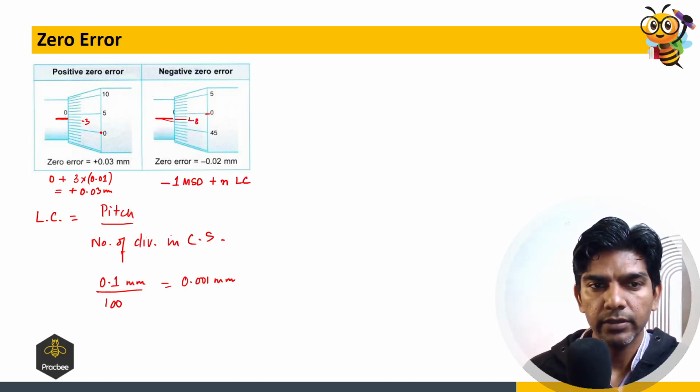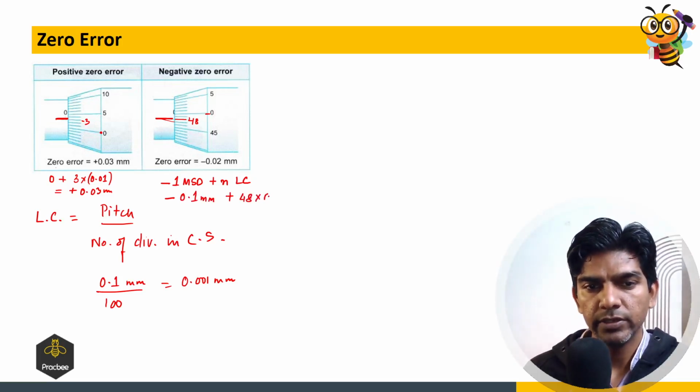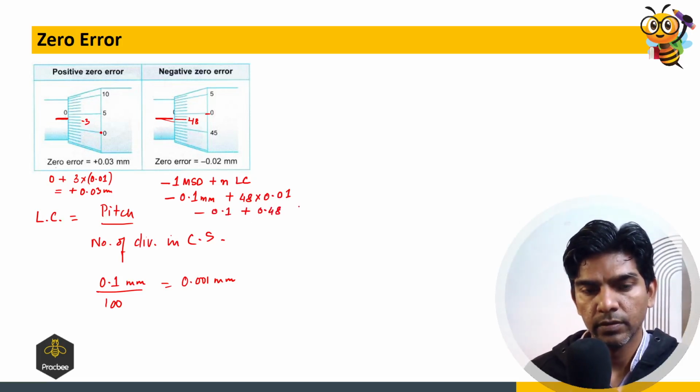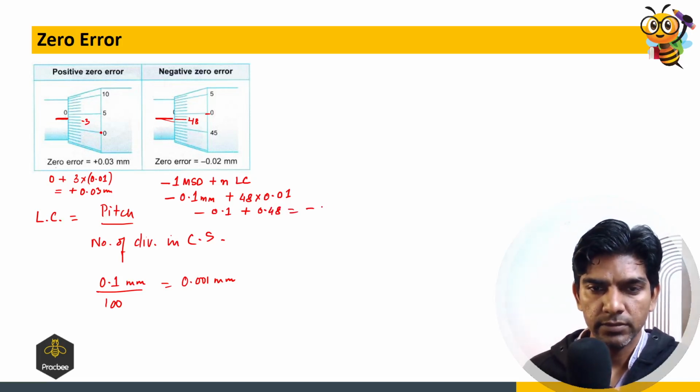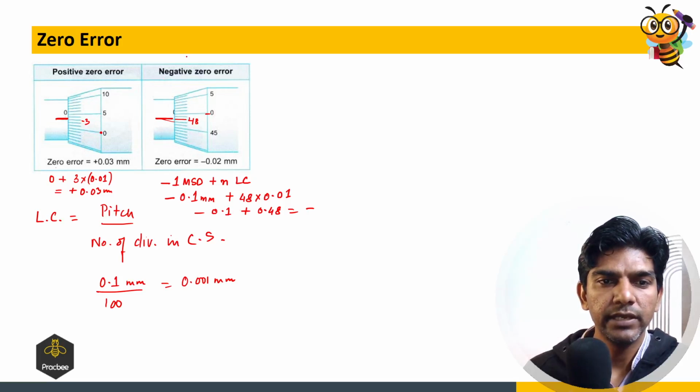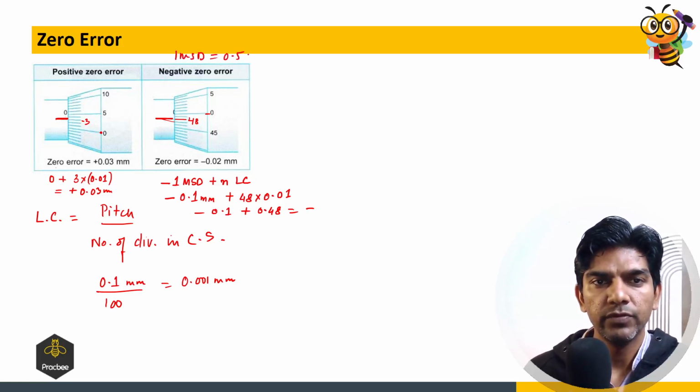And 1 main scale division in this case, sorry, they have taken 1 main scale division as 0.5 millimeter, right?